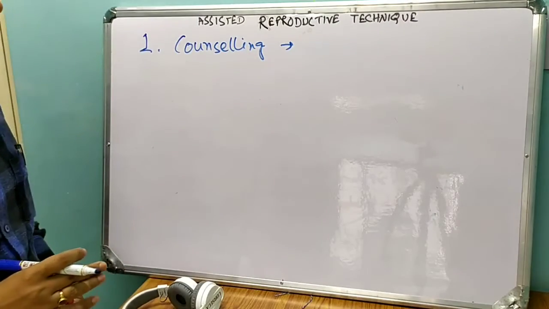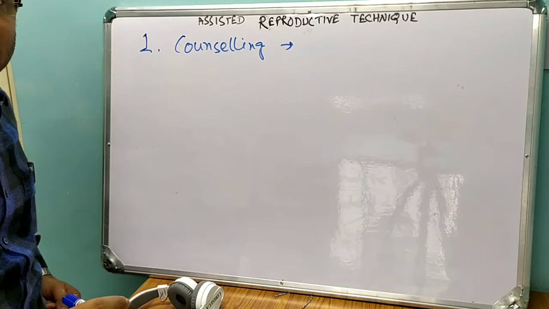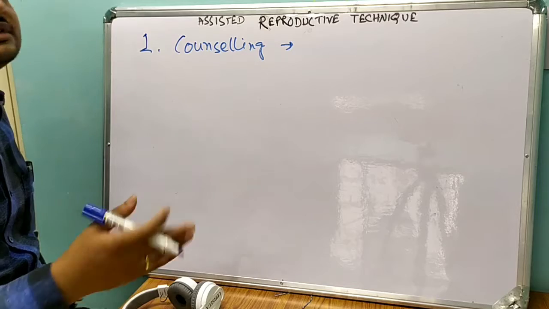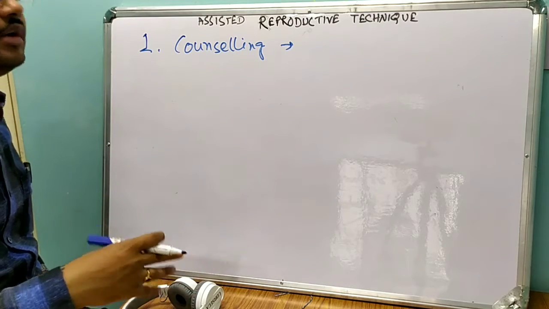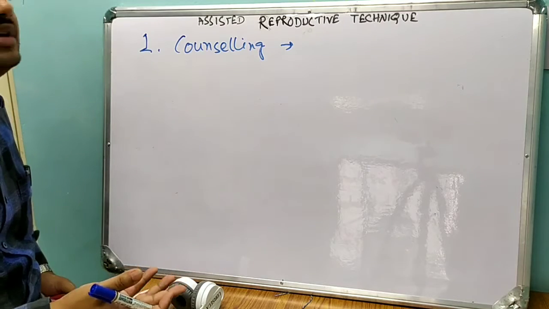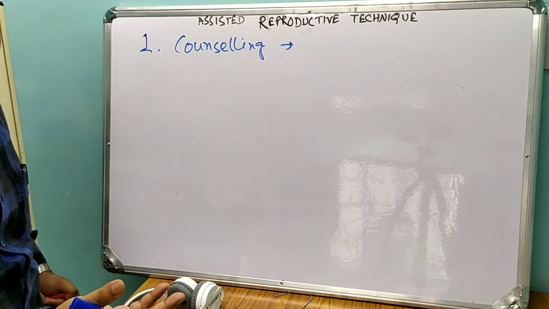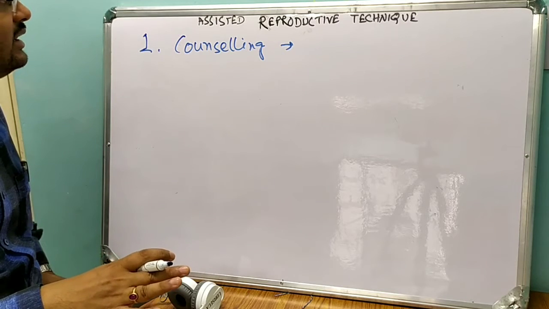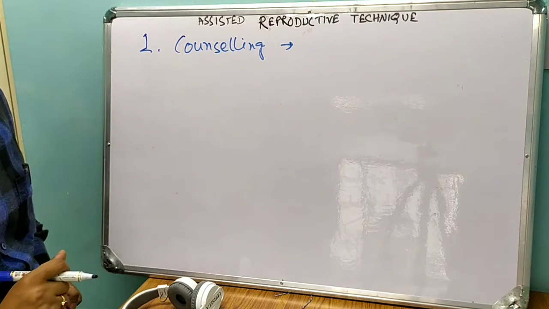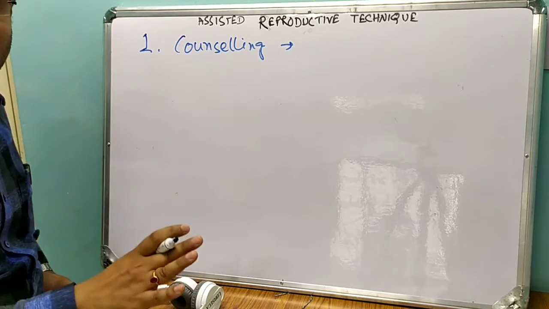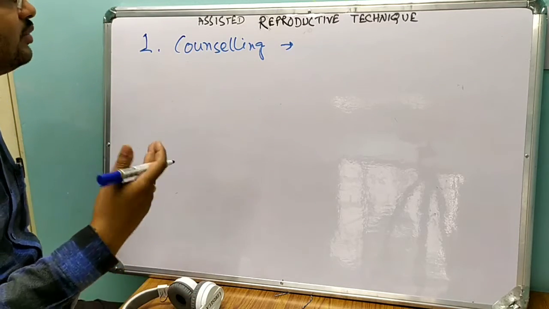Particularly, number one, reassuring the couple, and number two, give them an idea about the sexual cycle: when the ovulation is occurring, how to take basal body temperature, how to get the LH surge, when to do the copulation. So these things you have to counsel. Most important is you have to reassure that it will be fine, you will be fine with proper treatment.